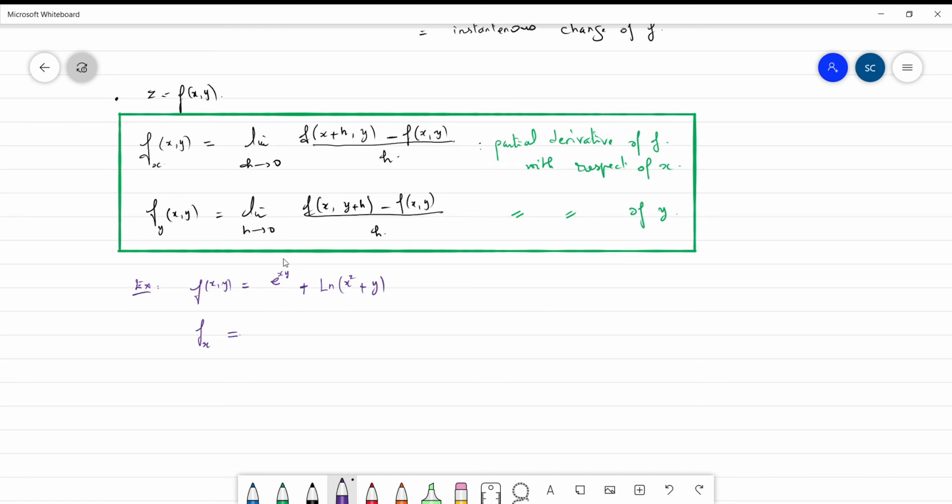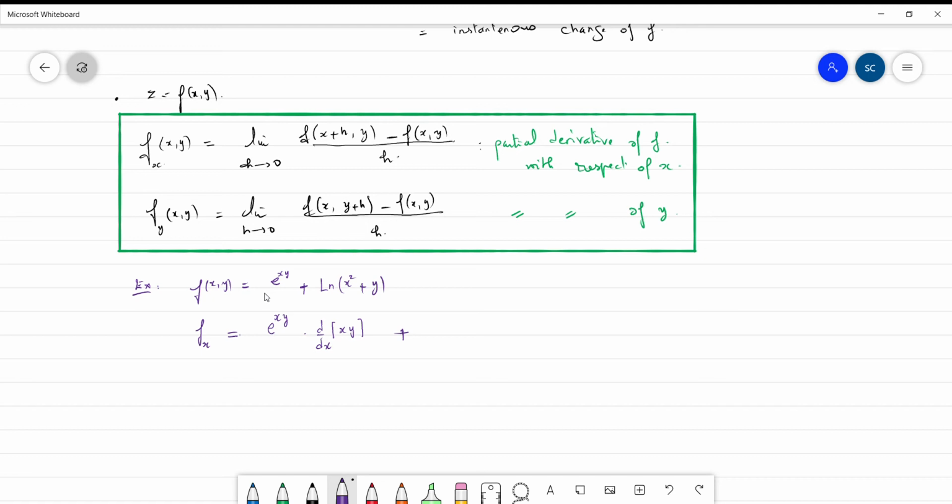So I will need to use the general formula. I will differentiate the first function, the exponential, so it remains the same, applied to the inner function, times the derivative with respect to x of the quantity xy, plus the derivative of the second function, the same chain rule.